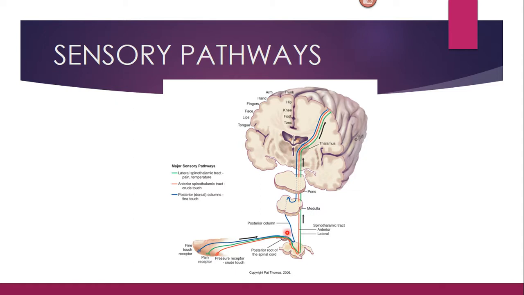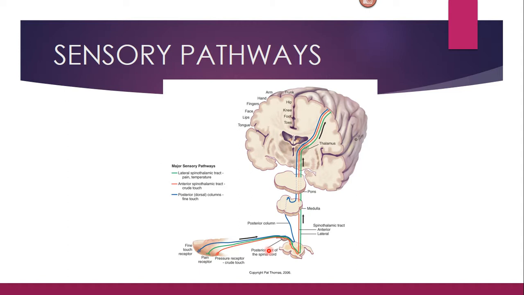So the green is the lateral tract of the spinothalamic tract. The red is the anterior, and then the blue is the posterior columns, or fine touch.